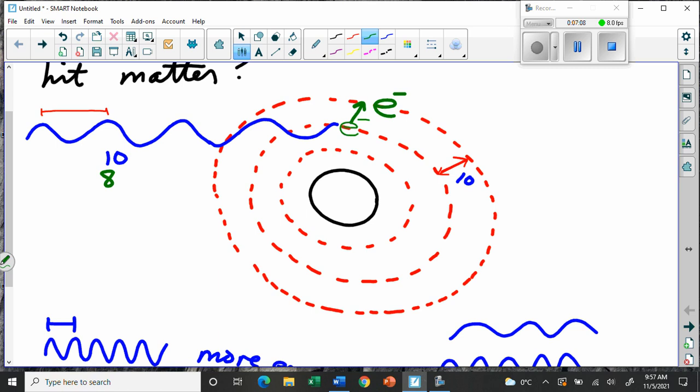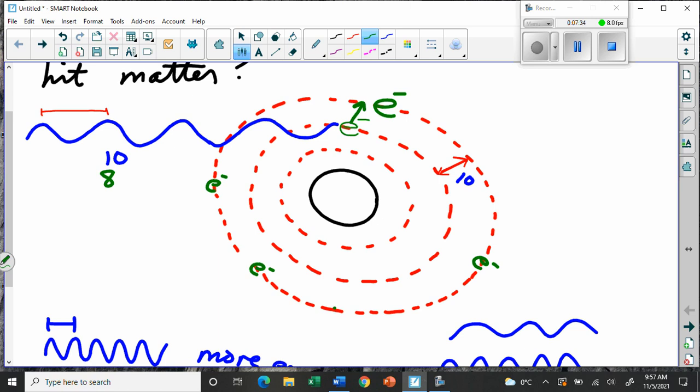Now, the problem is, if you remember the rules, there's already electrons in that level. Let's say there's already electrons all around there, right? And remember that when we talk about the quantum model, you can only have 2 in every energy level. So even though there's 8 in this level, there's the S and the P and the D, right?